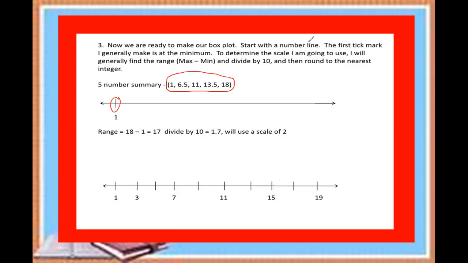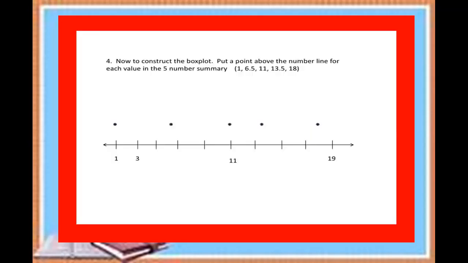Next, if you have already set the lowest value, then we are going to plot the 5 dots. Actually, we can make it 1 to 17, 1 to 18 in the number line. It depends.